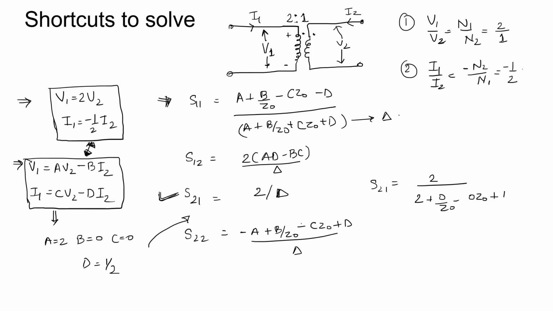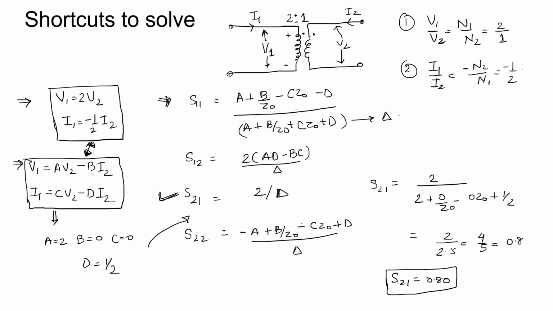We get S21 right away: it is equal to 2 upon A, which is 2, plus 0 upon Z naught, minus 0 into Z naught, plus D, which is half. So this is nothing but 2 upon 2.5, which is equal to 4 by 5, and this is nothing but 0.8.